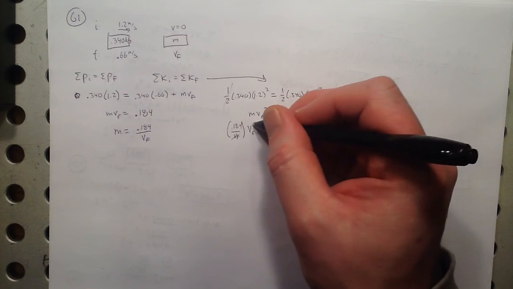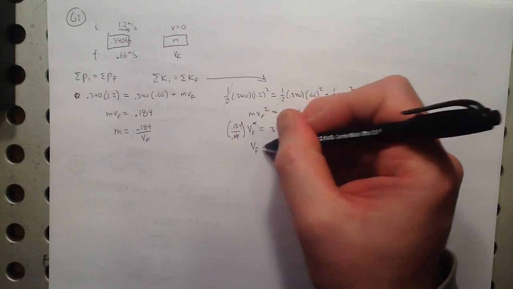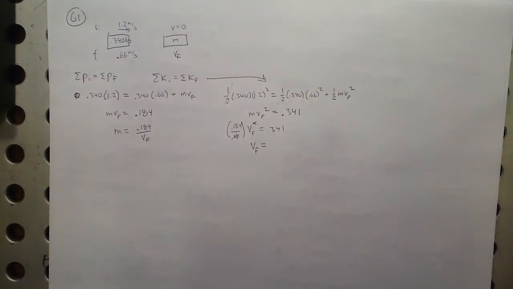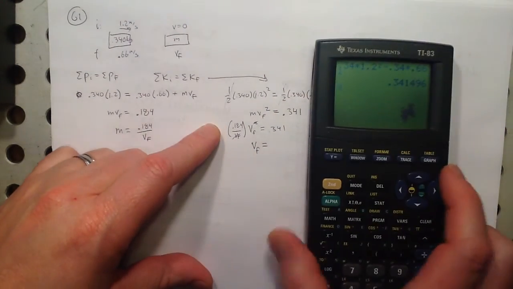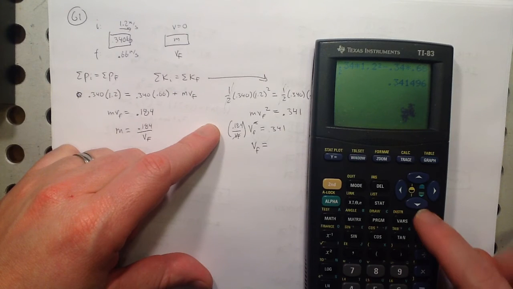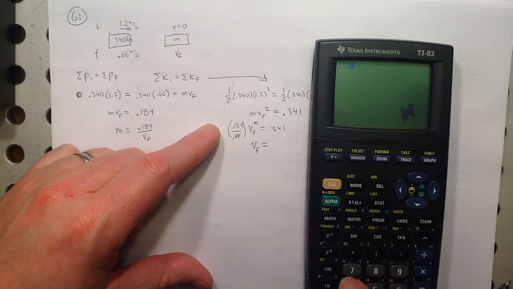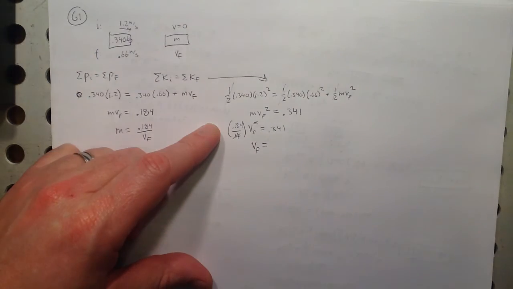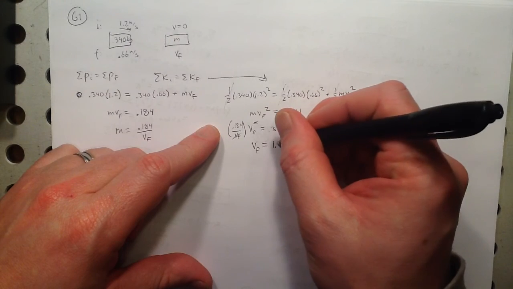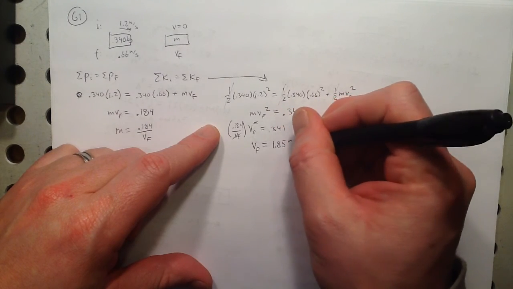One of those cancels out, and I get that the final velocity of that cart is going to be 0.341 over 0.184, so about 1.85 meters per second.